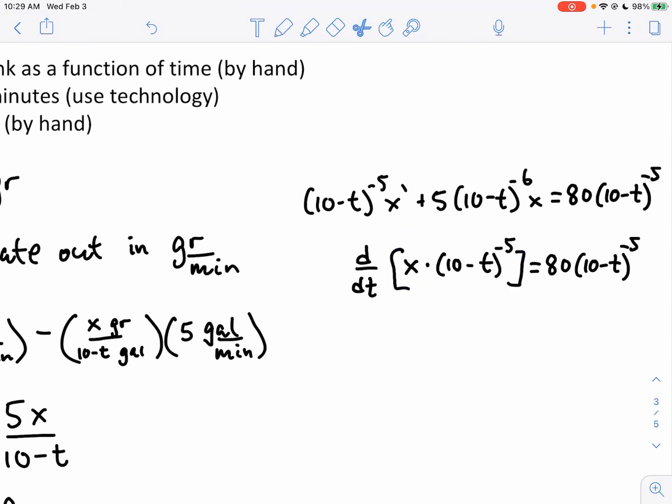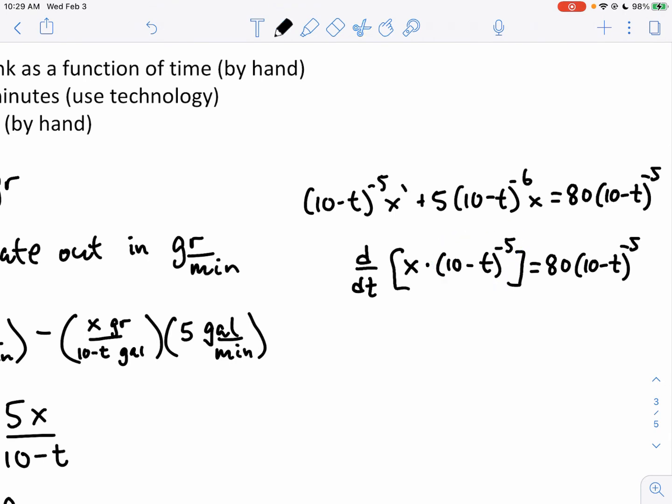So when I differentiate this product, we do the derivative of the first, and the derivative of x with respect to t is not 1, it's x prime. Because x is our dependent variable and t is our independent variable. So the derivative of x is x prime, it's right there, times the second, right there, check, plus the first, x, which is right there, check, times the derivative of the second.